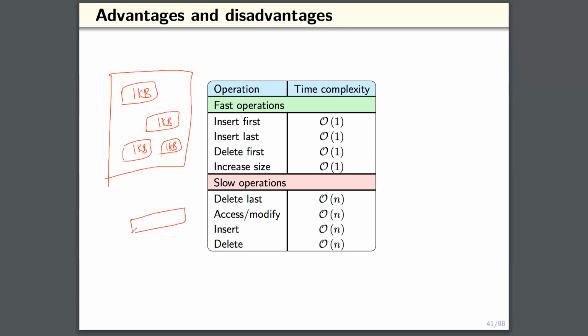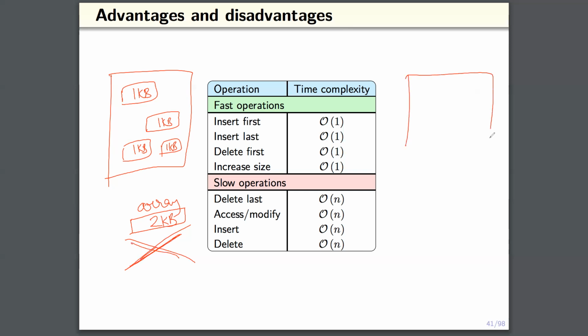Suppose you want to create an array of size 2 KB. You cannot allocate this array. That means you have 4 KB in memory, but you still cannot create an array of 2 KB.